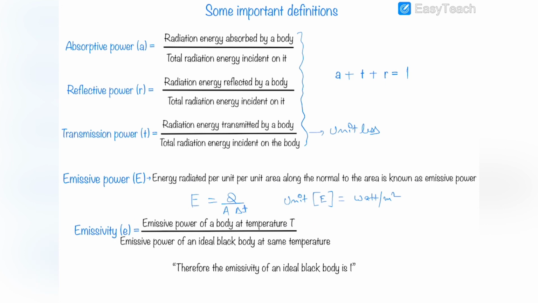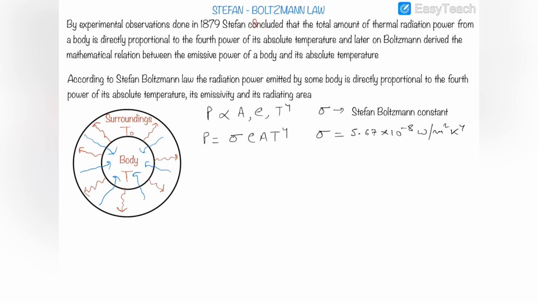Okay, now let us discuss the Stefan-Boltzmann law. So we all know that each body which has a temperature greater than 0 Kelvin radiates some energy, whether it is a living body or a non-living body.